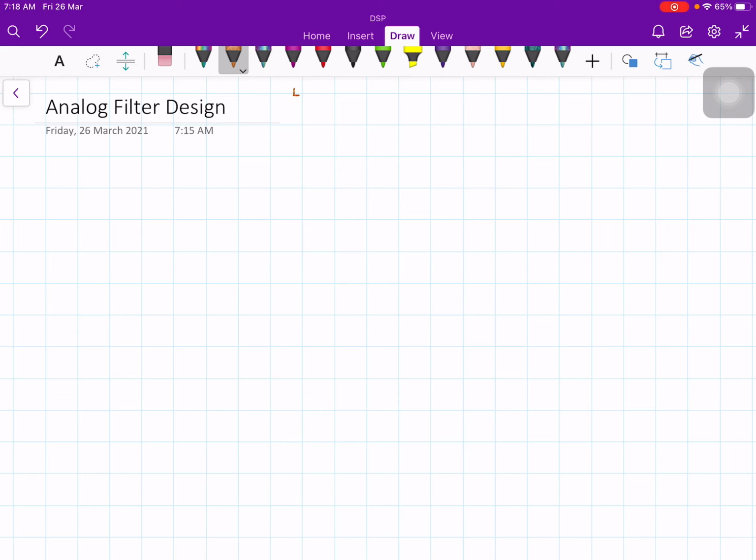In this lecture and a few more lectures to come will be analog filter design. So the motivation for analog filter design is twofold. One is that in digital signal processing of analog signals, we do require low pass filters at the front end and at the reception end.